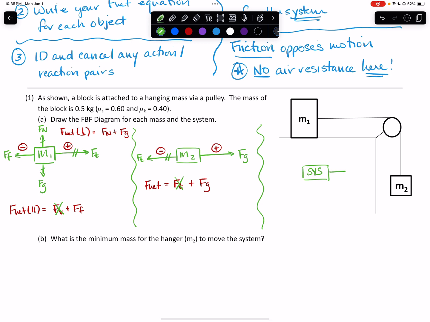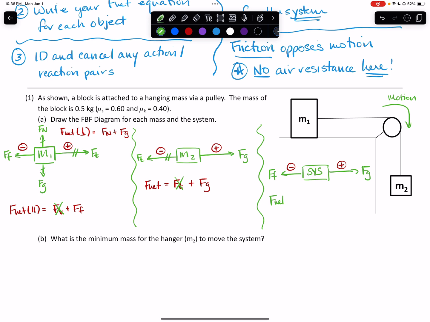We're going to have a gravitational force this way, and then a frictional force this way. And because the object is moving in the direction of the hanger, we know that that Fg force must be greater than our frictional force. So for signs, we're going to get a positive sign for that gravitational force and a negative sign for that frictional force.